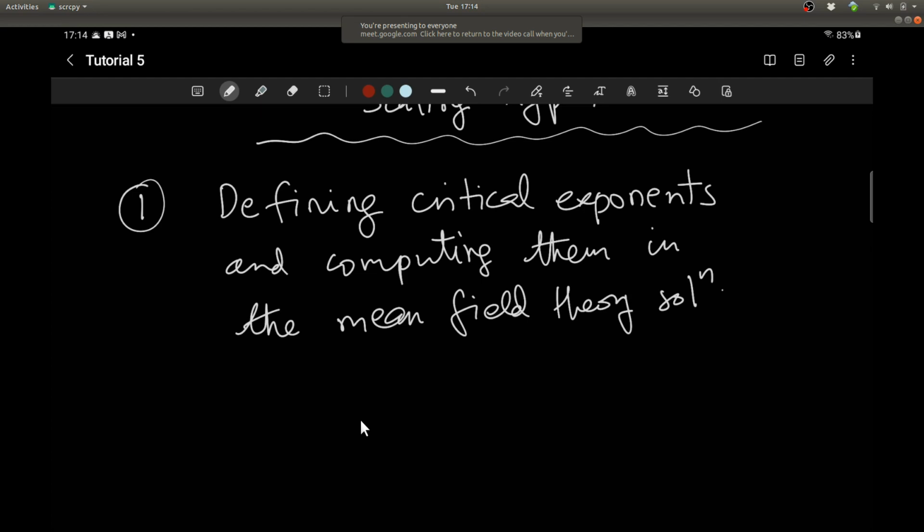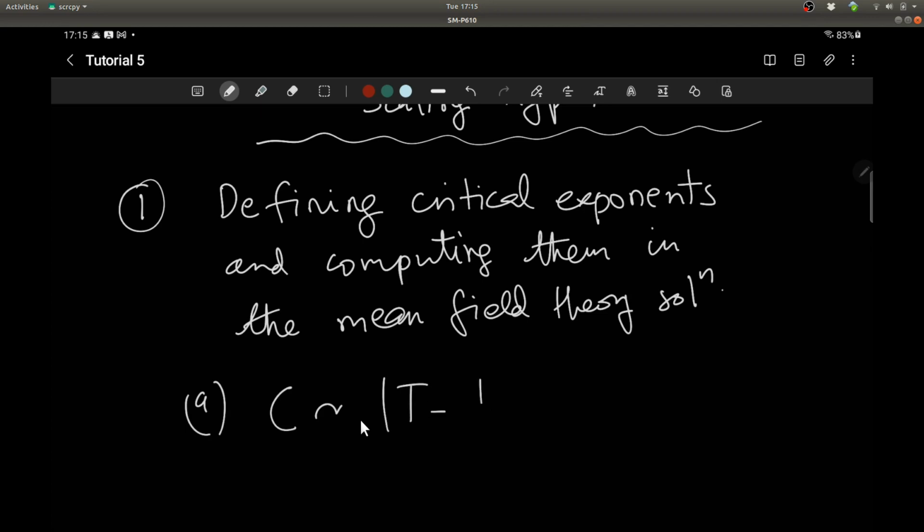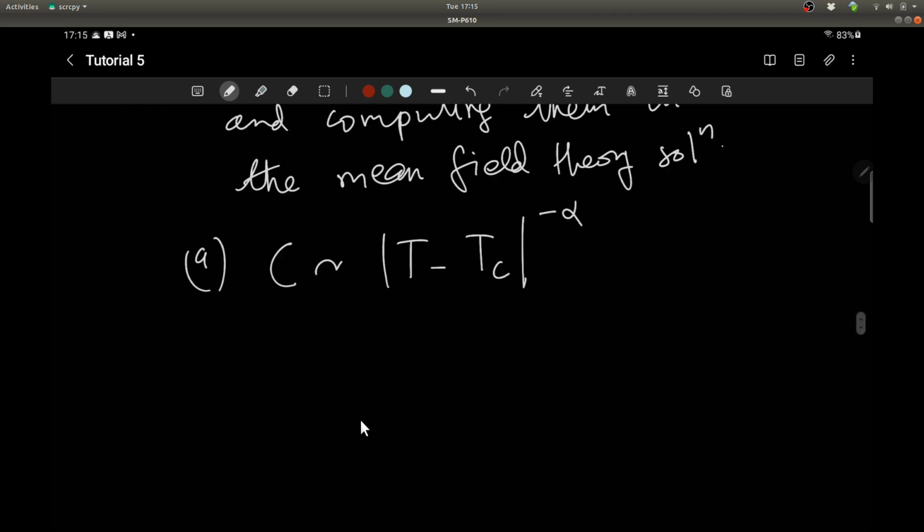Okay. So the first one is C, and the definition is that it goes like T minus Tc to the power minus alpha. And I want to make a remark here.